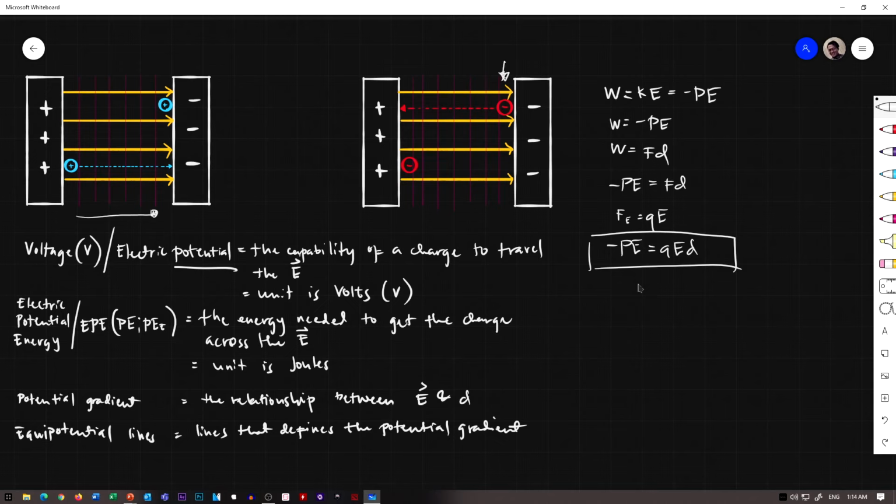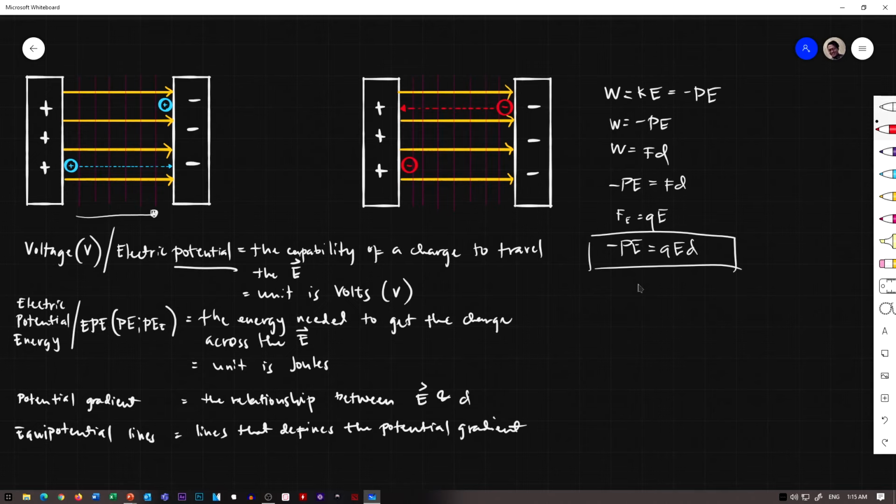Then as you move further across the gradient, potential energy gets weaker and weaker. Those lines are what we call the equipotential lines. They indicate the value of the electric potential or the voltage. If, for example, the electron has moved and is placed here instead, the voltage will be different from this side.